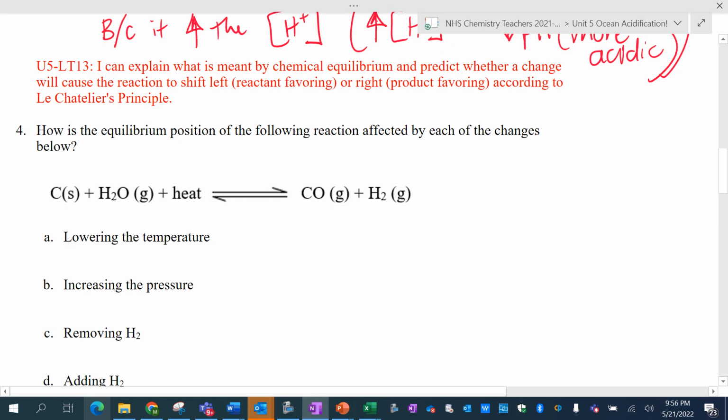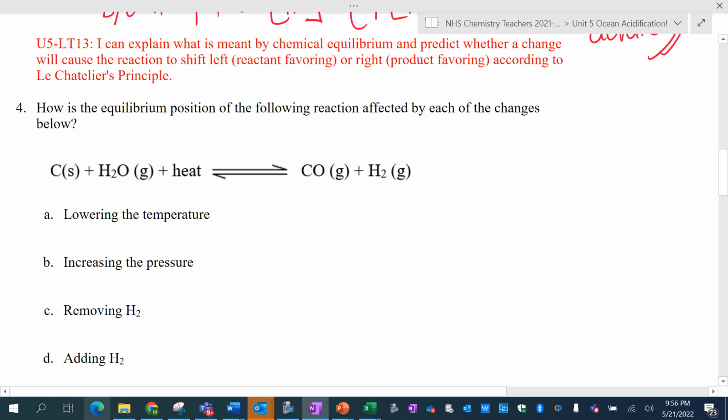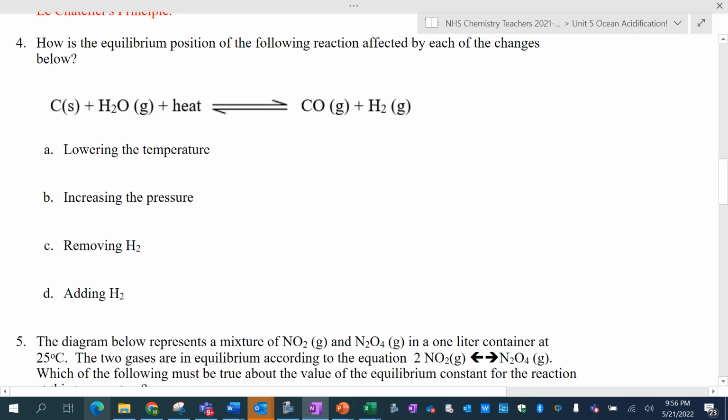Next learning target, I can explain what's meant by chemical equilibrium and predict whether a change will cause the reaction to shift left or right, according to Le Chatelier's principle. All right, so we've got a reaction here, and we can see that it's reversible. It can go both ways. When the forward and reverse rate are equal, then the reaction has reached equilibrium.